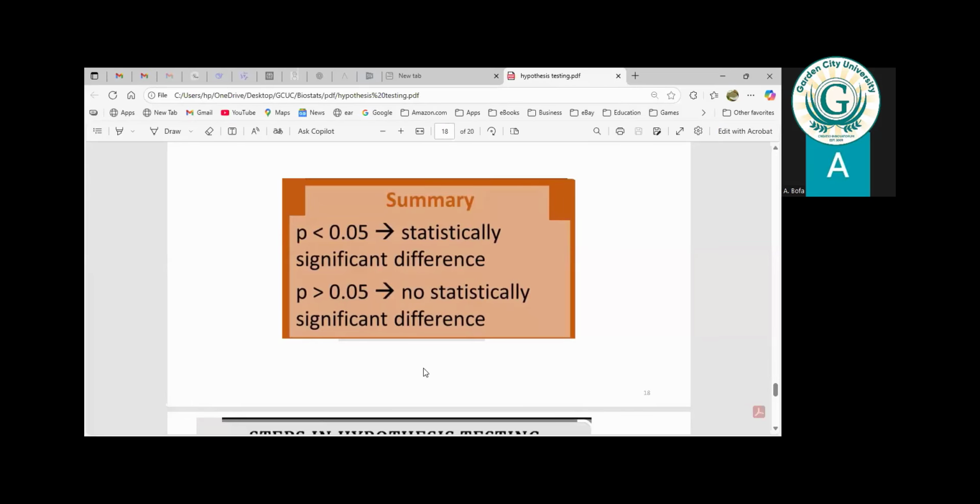Next week we are going to apply the mean and standard deviation, so try your hand on that before you come.